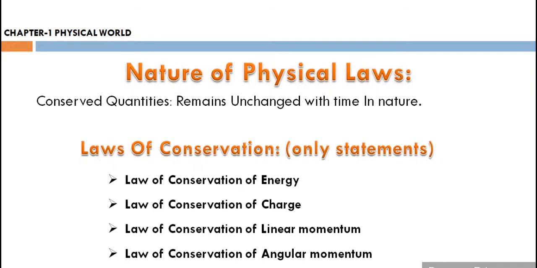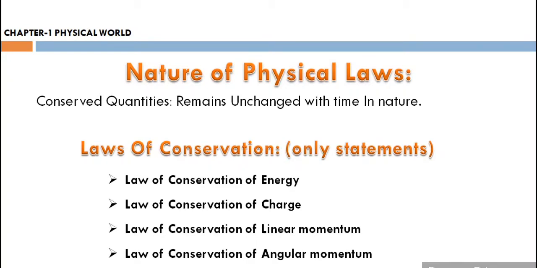But some special physical quantities remain constant with time. They do not change with time. Clear? So the physical quantities that remain unchanged with time are called conserved quantities. Right? They are the quantities which do not change. They remain constant with time in nature.